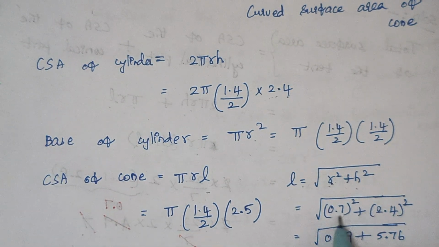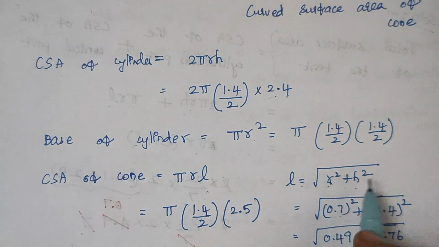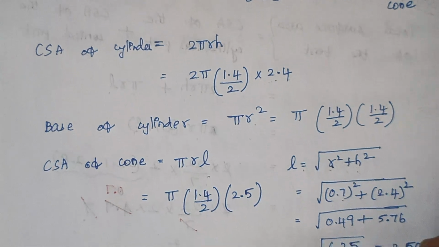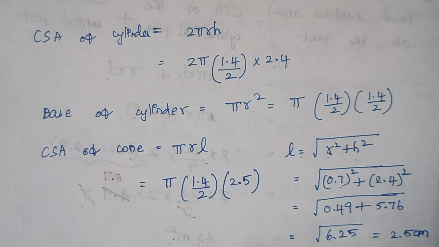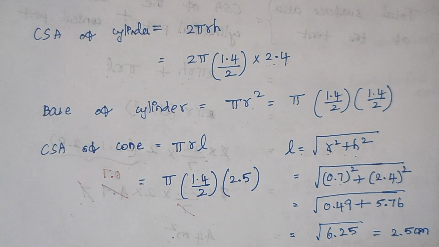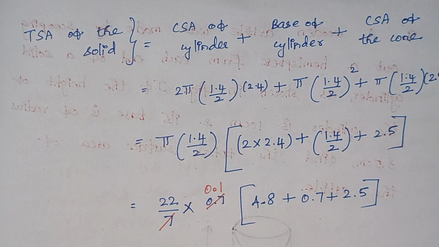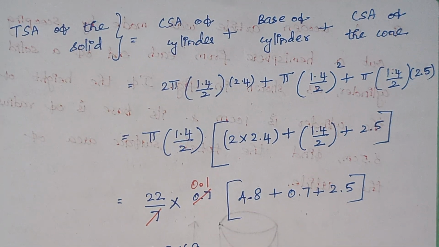Here I had written it as 0.7 directly, plus h is 2.4 square, right? So just solve this and finally we end up with the value of L as 2.5 centimeter, right?